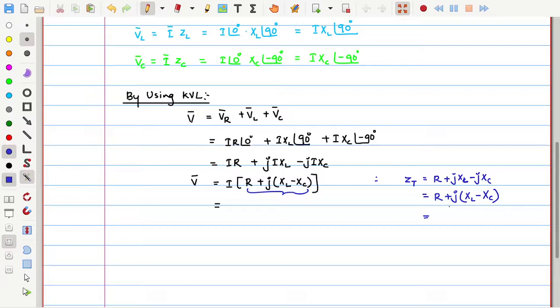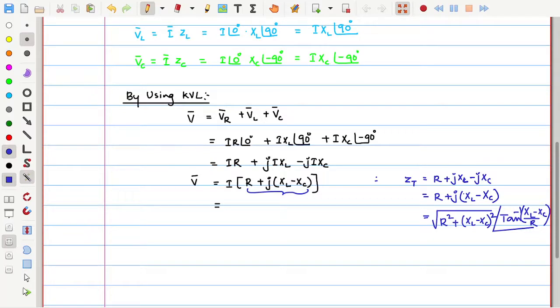So, can I convert this into polar form like this? Magnitude is the square root of the real part squared, R square, plus the imaginary part squared, XL minus XC whole square. This is the magnitude. How much is the angle? Angle is tan inverse of B by A, which is XL minus XC by R. So, the imaginary part divided by the real part.